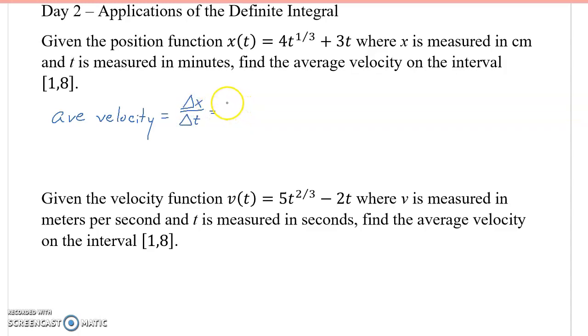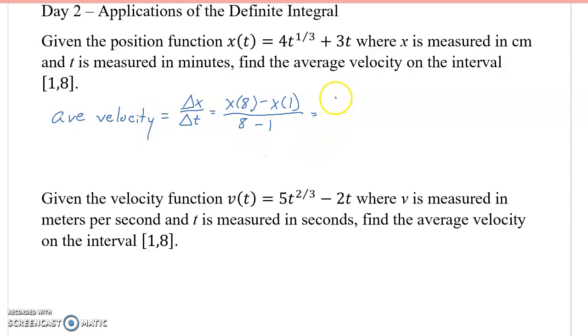Okay, so that's going to be, in this particular case, x of 8 minus x of 1 divided by 8 minus 1. And pay attention to units here because x is measured in centimeters and t is measured in minutes. So this is going to make some sense because now we're going to get centimeters per minute as our units, which is a good unit for velocity.